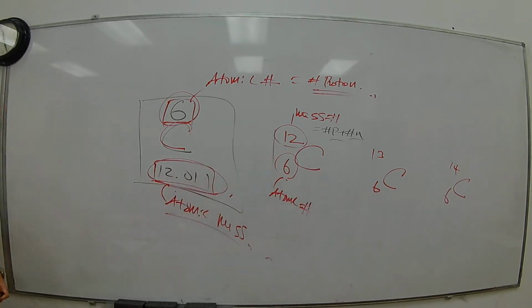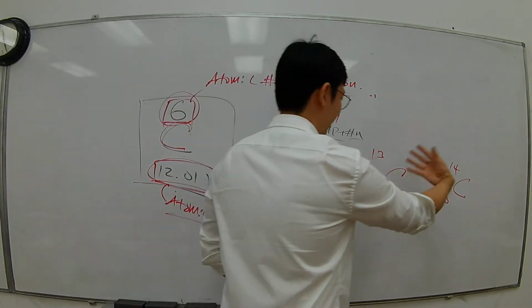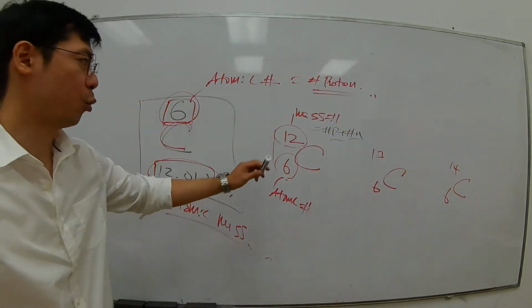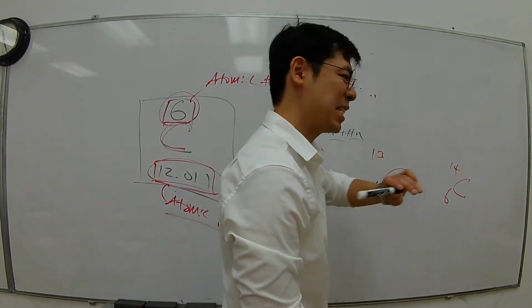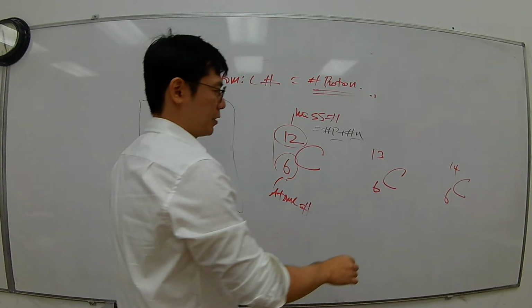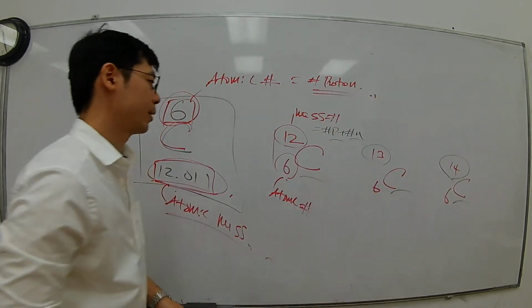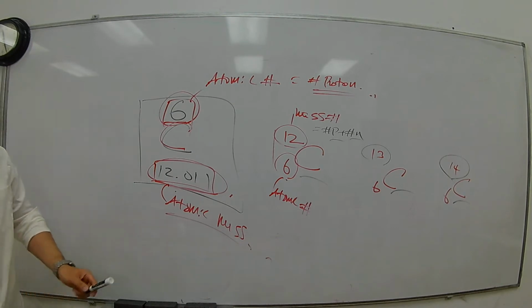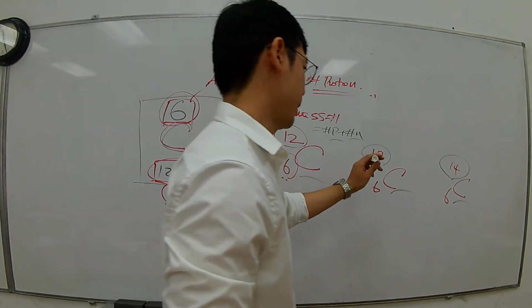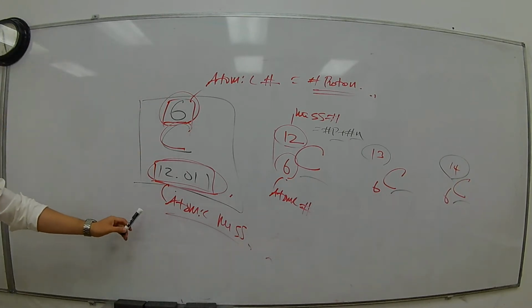So carbon also comes as C12, C13, C14. As you can see, they have different numbers of neutrons: 12 as a mass number, 13 as a mass number, 14 as a mass number. But what's atomic mass?